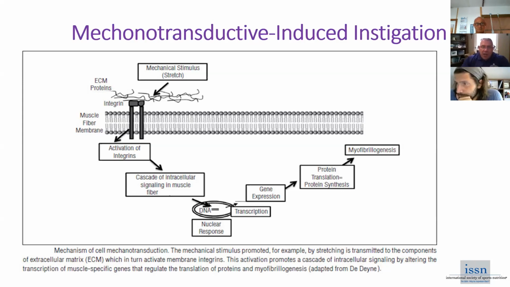So mechanotransduction is the process by which stimulation of muscle contraction, if you will, the tug and the pull and the strain on the sarcolemma or the cell membrane of muscle, through the extracellular matrix, is going to end up stimulating some of these proteins and some others.